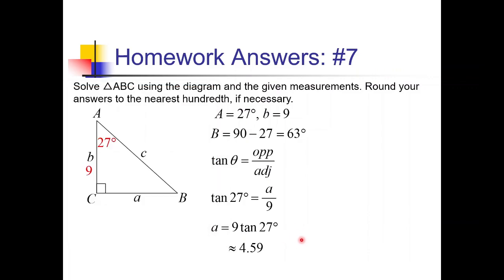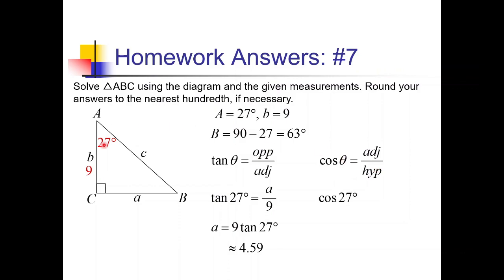All right, let me go ahead and find side C now. Since I have sides A and B, I could use the Pythagorean theorem to get it, but I'm going to use SOHCAHTOA again because the 9 and the 27, I know for a fact those are correct. So let's see here. If this is the hypotenuse and 9 was the adjacent, based off of this angle, that's cosine of theta equals adjacent over hypotenuse.